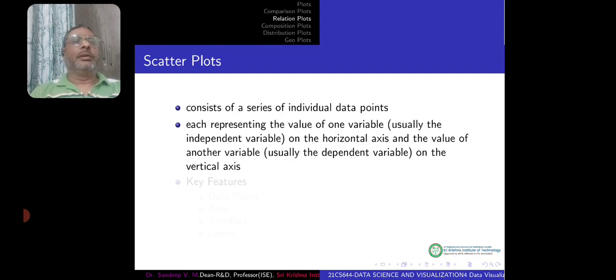If the horizontal axis has the independent variable and the vertical axis has the dependent variable, that means the x-axis talks about input, the y-axis talks about output, and if we can find some relation between these two, then we can say that input has some meaning in our database with respect to the output, so we can retain that input.